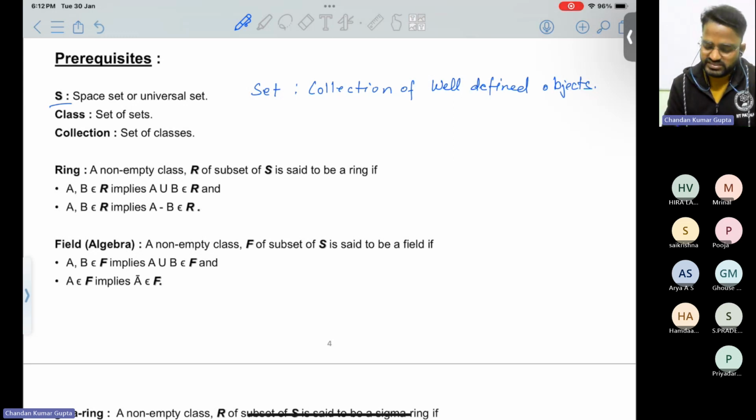This is the same kind of universal set that we have already studied in set theory. A class is defined as a set of sets, and a collection is a set of classes. These are the terminologies that may be used in the successive PPTs.